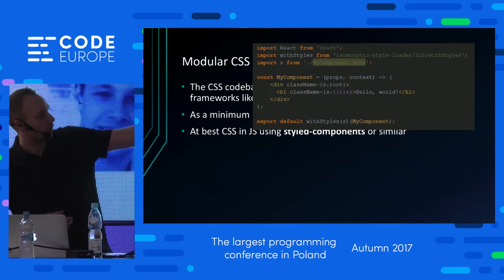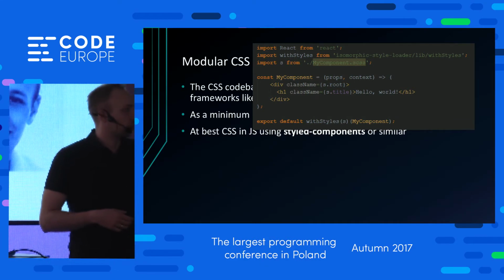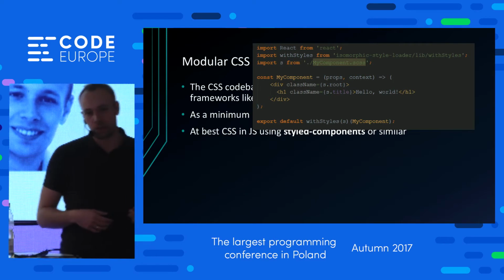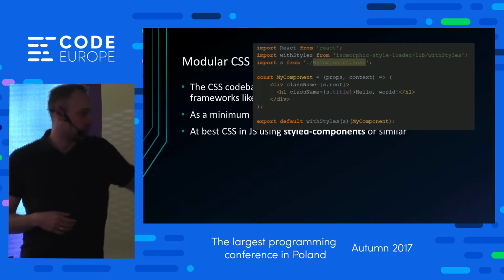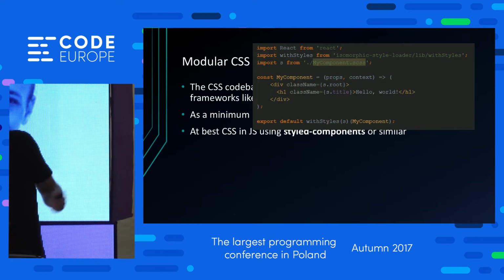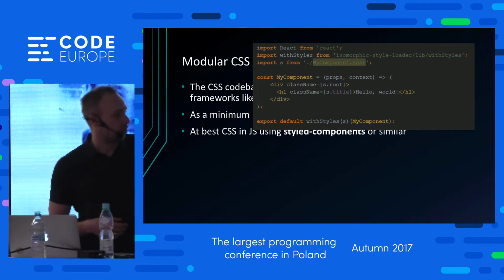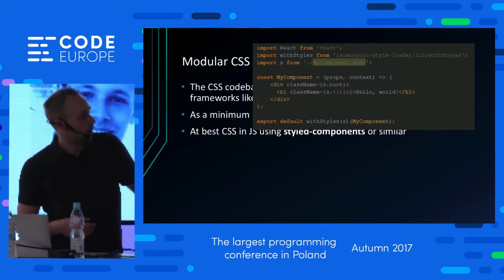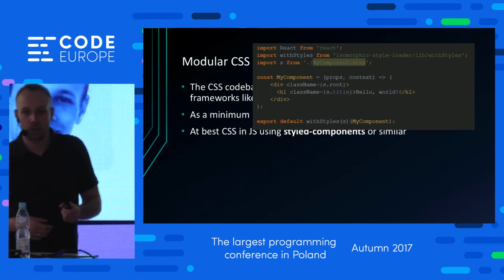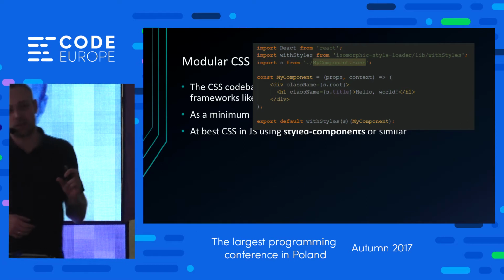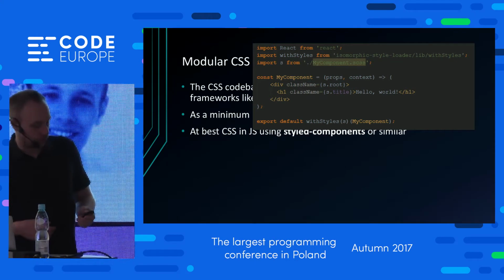But if you can split your code base on a component-by-component basis or page-by-page basis, you can just import this, and then you use this withStyles mark with your component to tell your app that these styles are needed. So if my component was my page here, with server-side rendering I will get an HTML that has just the CSS for this page and just the JavaScript for this page. So this is what we are trying to achieve.